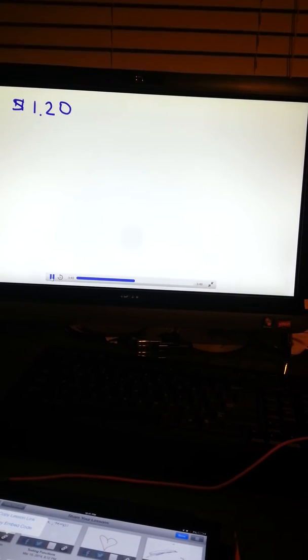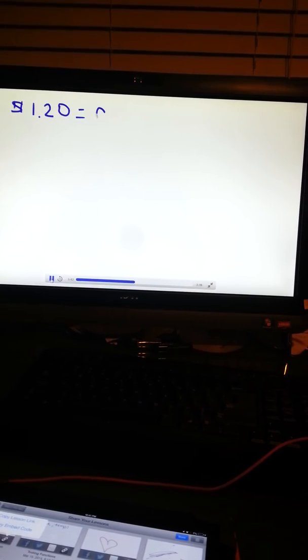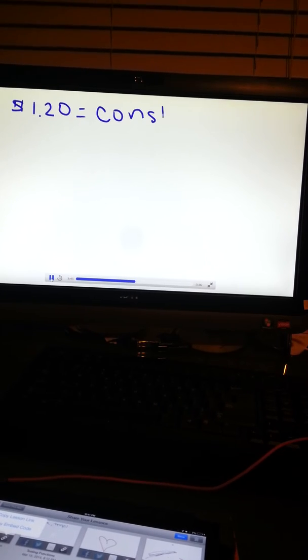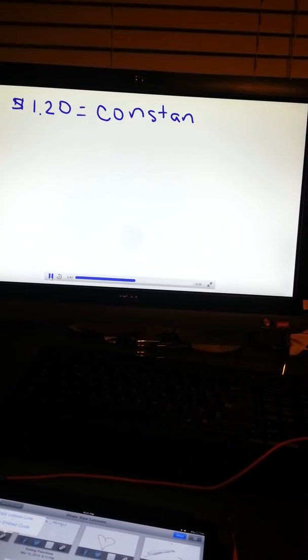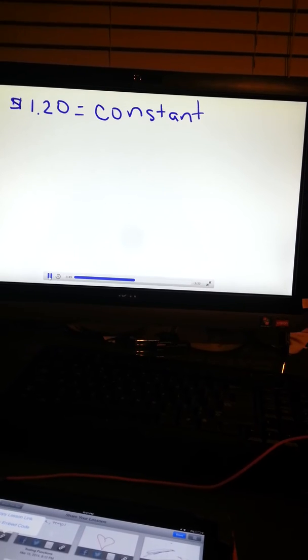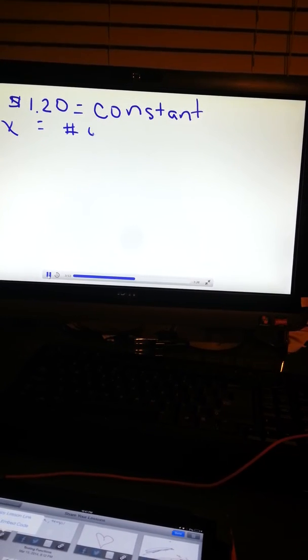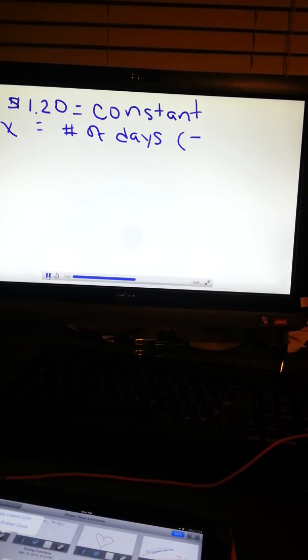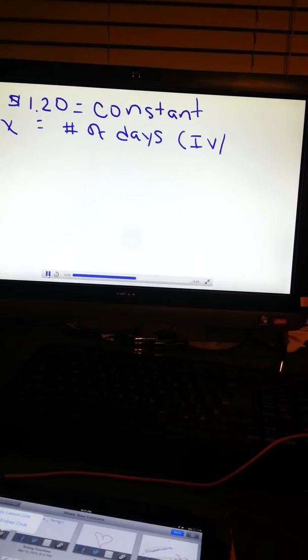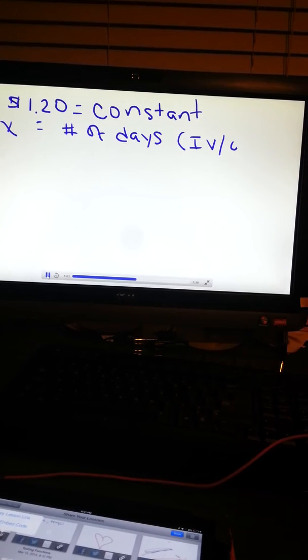Well, let's start by setting up our equation. We know that $1.20 represents the constant, which is the price of the lunch. X equals the number of days, which is the independent variable or the input.